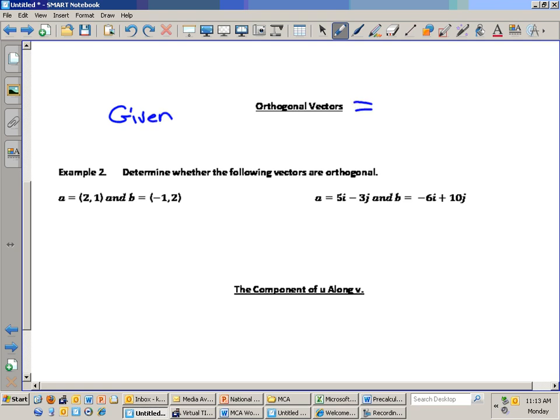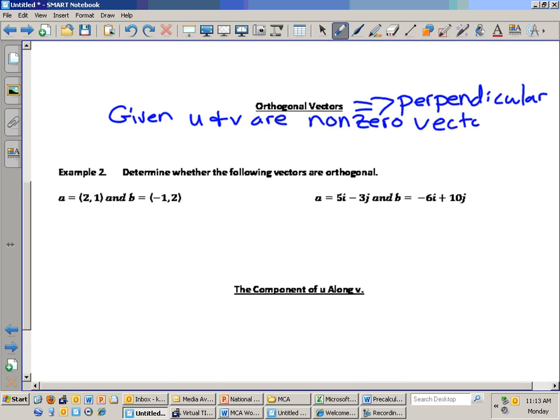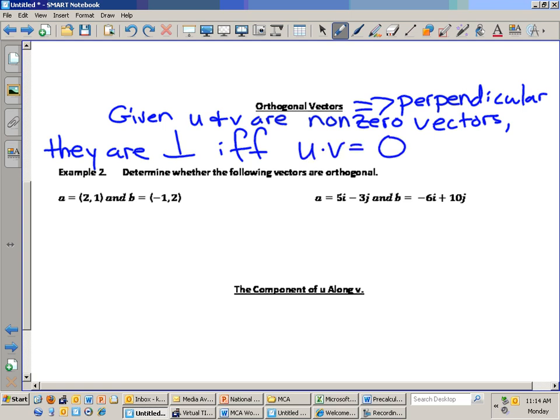Orthogonal vectors are perpendicular. Given u and v are non-zero vectors, meaning they're not simply (0, 0), that'd be very boring, they are perpendicular if and only if u times v is equal to 0.